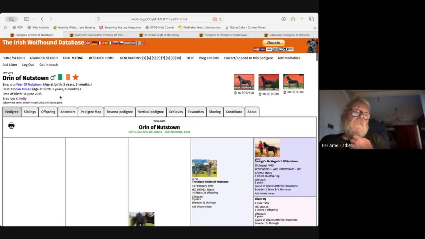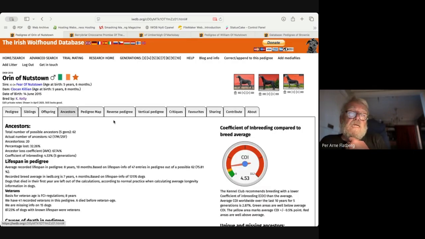He's a bit, but not significantly so. His inbreeding level is 4.5% over 5 generations, which is a bit over the average, but not dramatically so. You can see there are certainly dogs that have a low inbreeding, but a large ancestor loss.